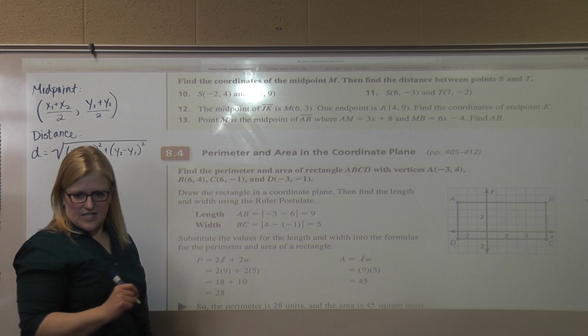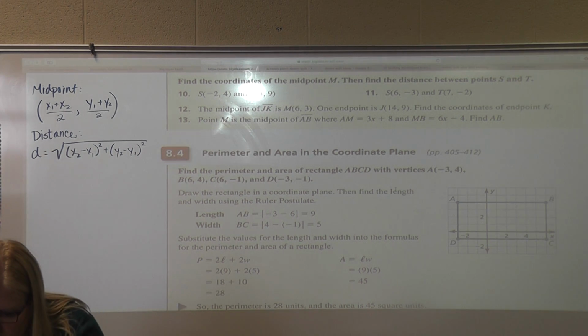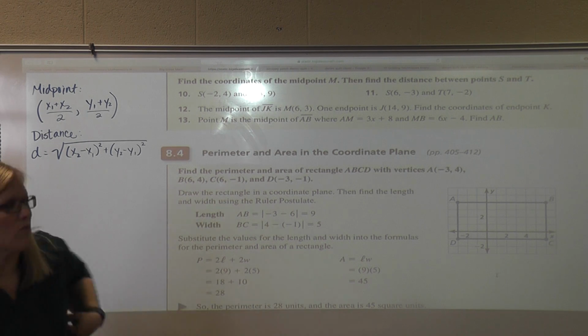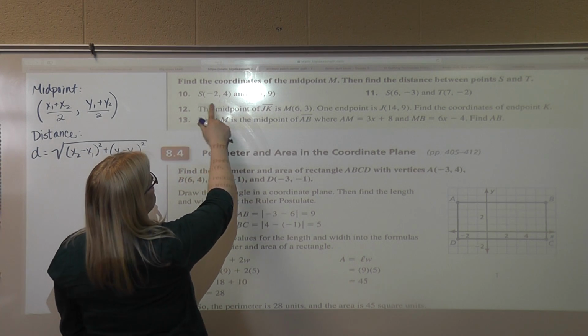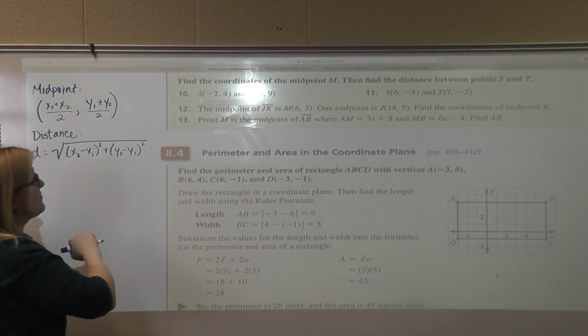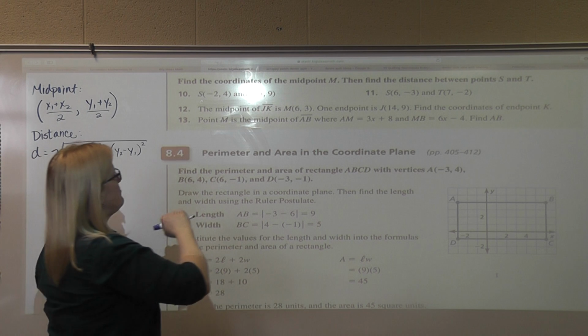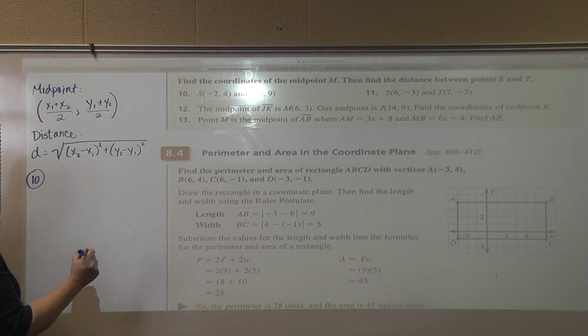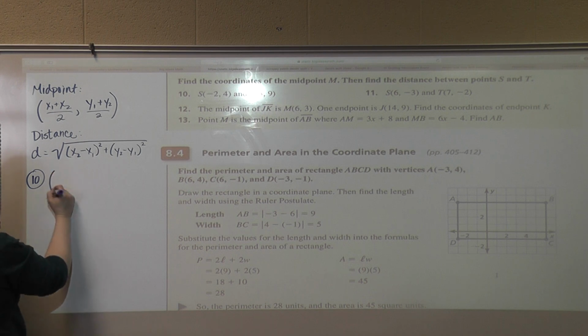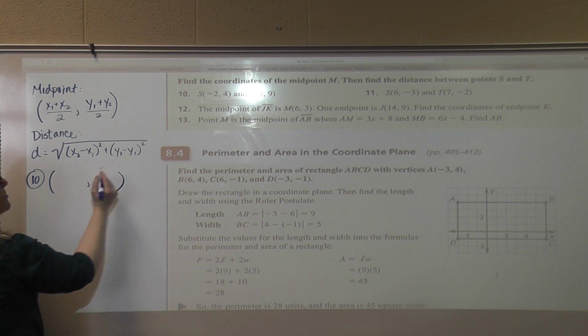So I've got, you know what I'm going to do really quick is, oh, I can't do that, never mind. Okay, so find the coordinates of the midpoint M. So I'm going to do that for number 10. I will take my two x values.